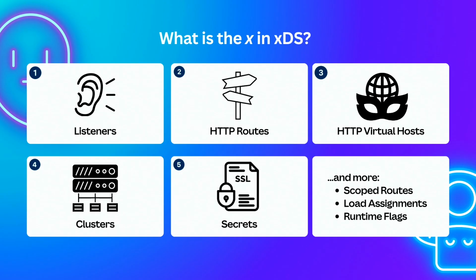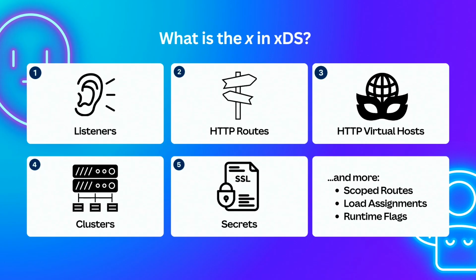You can have listeners, which is what we call LDS, Listener Discovery Service. You can discover HTTP routes, which is Route Discovery Service. You can discover virtual hosts, which is, funnily enough, VHDS, Virtual Host Discovery Service. Clusters, Cluster Discovery Service, CDS.